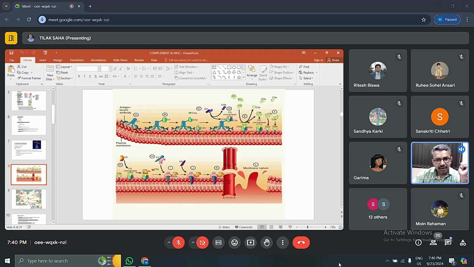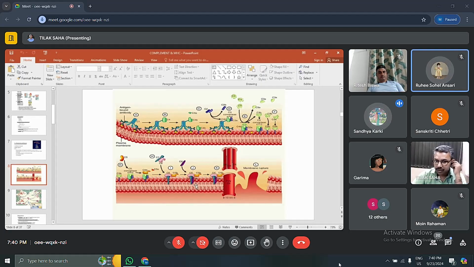C5b is the larger fraction, and it can now bind to other complement proteins like C6, C7, C8, and together with C5b forms a complex known as C5b678. See, C5b comes into the point and employs certain other molecules like C6, C7, C8. These are written on this picture. Can you look at that one, students?